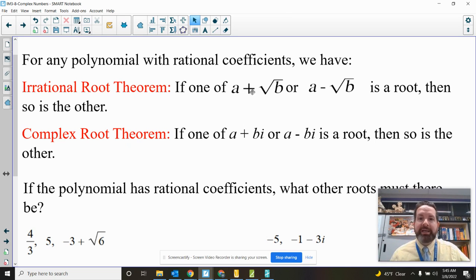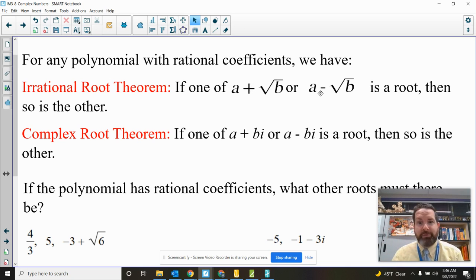If you have one irrational root, so you end up with a square root in one of your answers that doesn't simplify, then whether it's got a plus or a minus in front of it, the other one will also be a root. These come in pairs. They're called conjugates of one another.